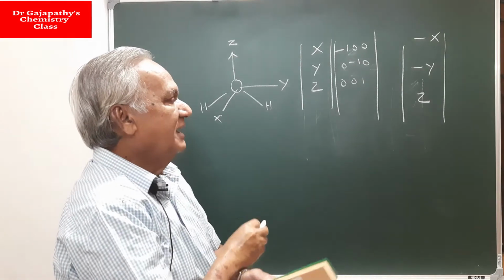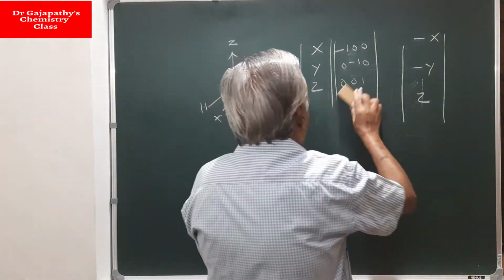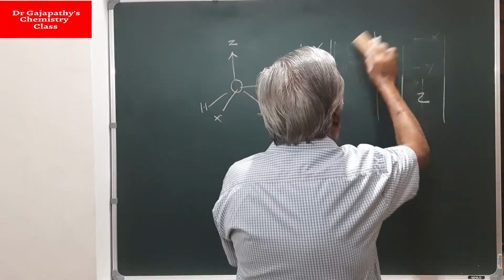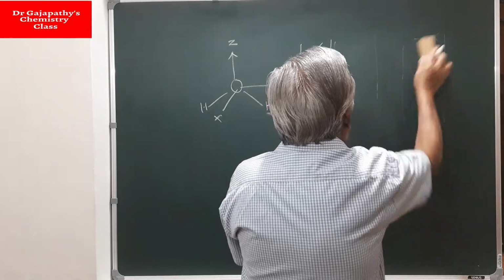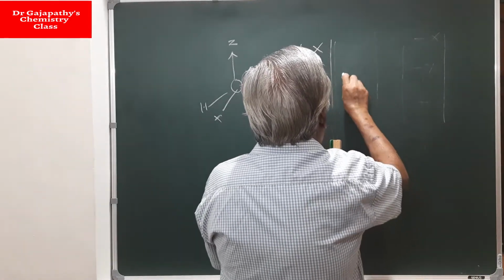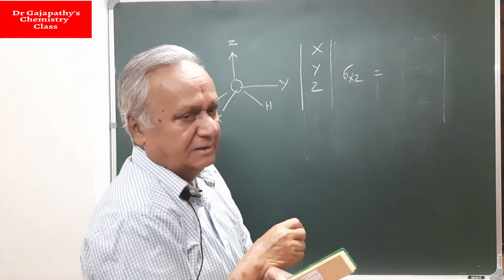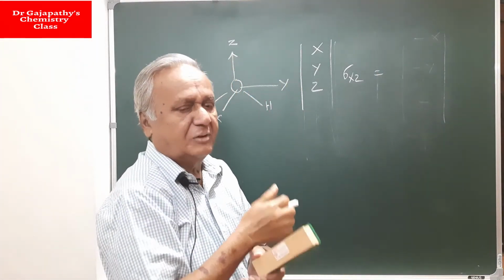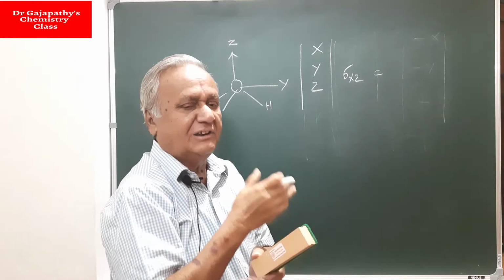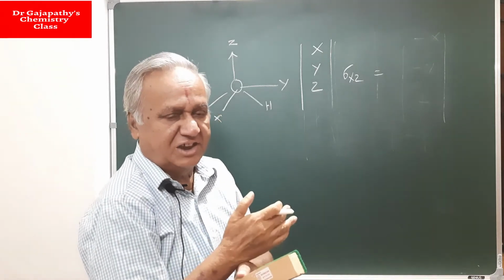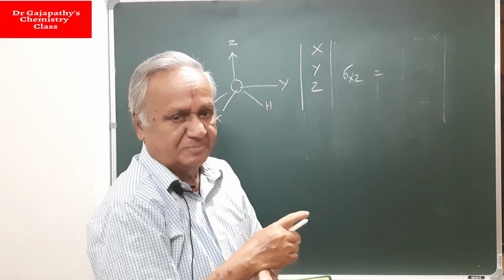Similarly, for sigma xz, I can write a transformation matrix. First of all, let us find out what happens when I do a sigma xz. A thumb rule is, if the plane is xz, x will remain the same, z will remain the same, y will become minus y.